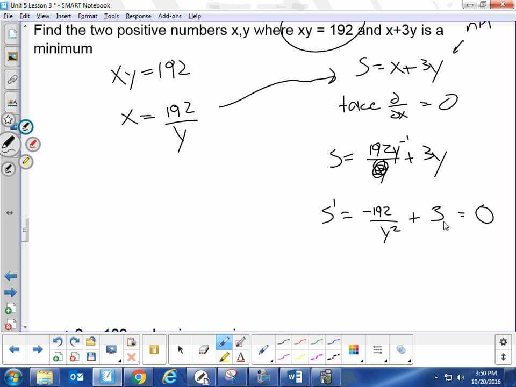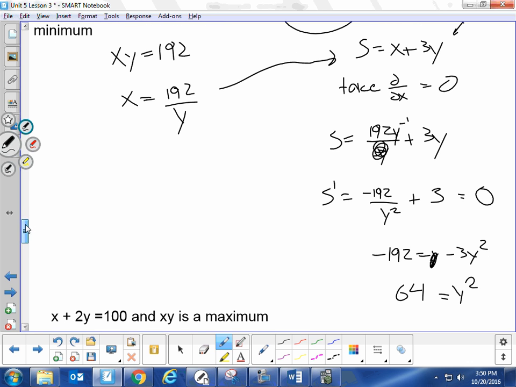We will solve this, subtract, 3 times y squared. What's 192 divided by 3? It's 64. Oh my goodness, it's almost too simple. And then the square root of 64 gives me plus or minus 8.